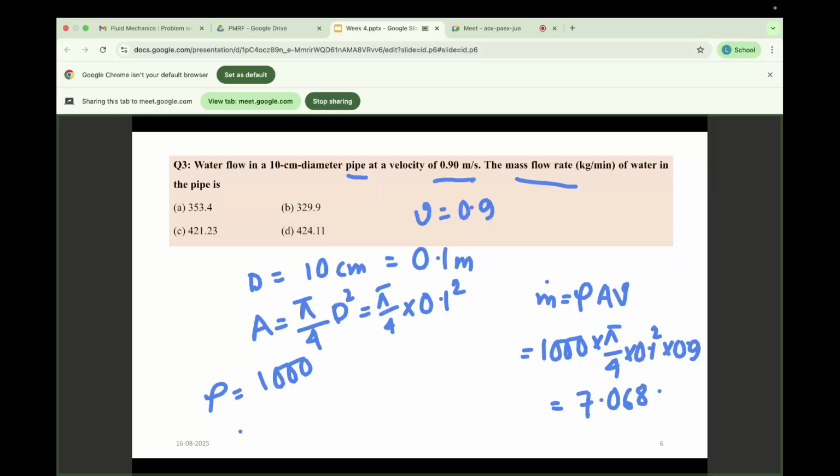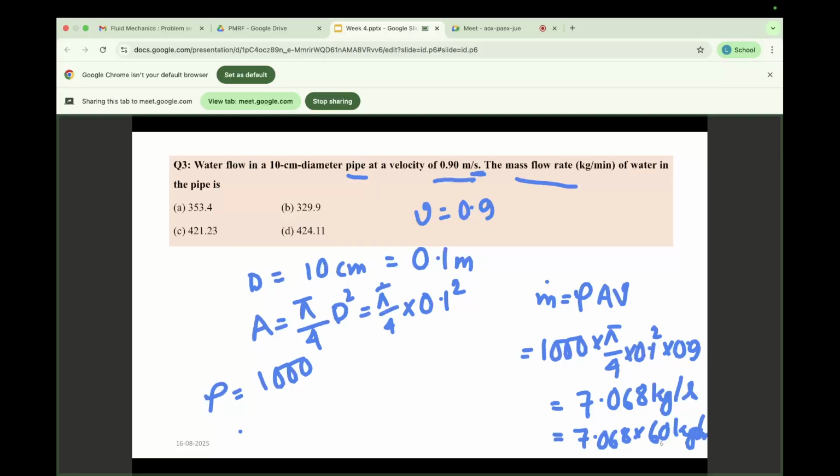The answer should be in kg per second, because the velocity is in per second, but in the options it is given per minute. So what I need to do is convert second into minute, so you multiply by 60 to get kg per minute.